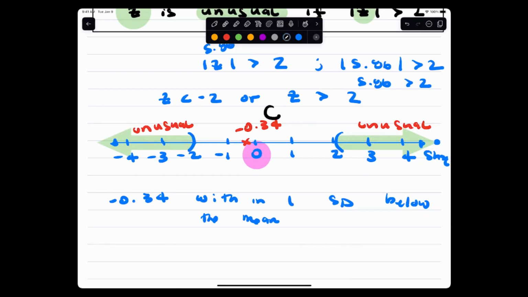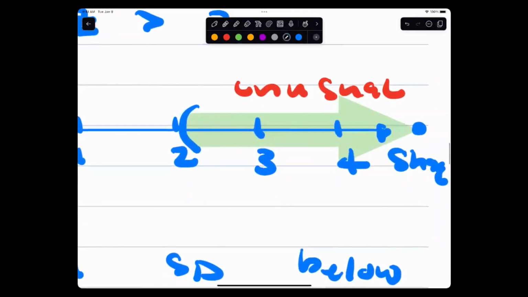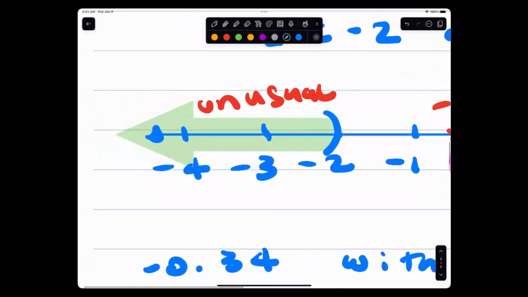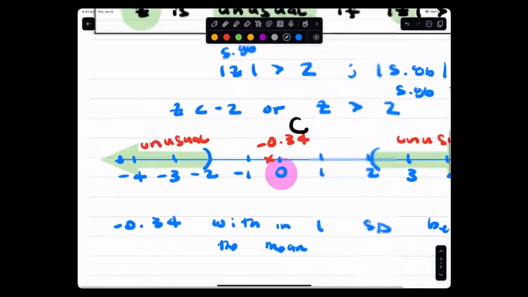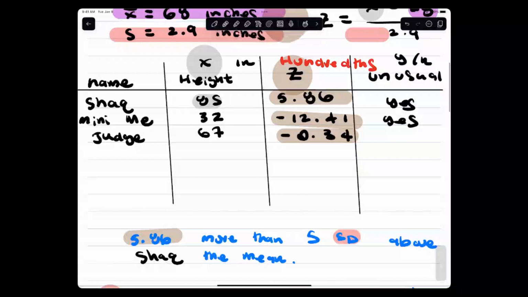But is Mr. Judge's height unusual? No, why not? Because it's not in the green. It's not bigger than 2, and it's not what? Smaller than negative 2. It's not in that green range. So if they say, is this an unusual z-score, what do you get to say?